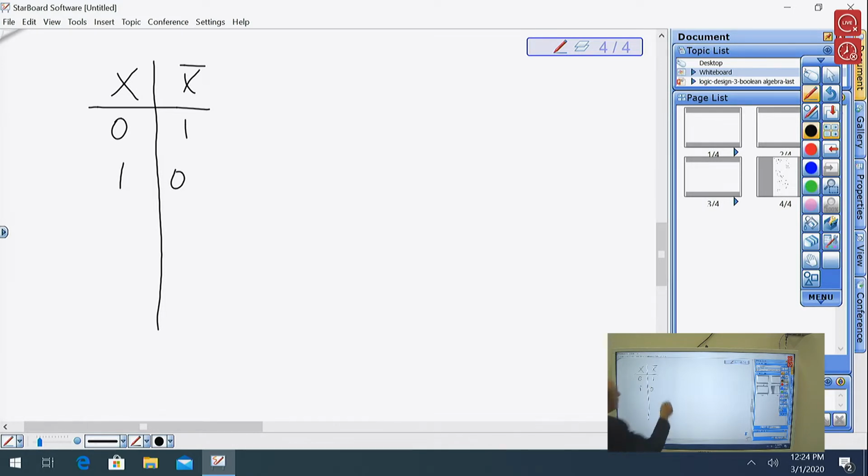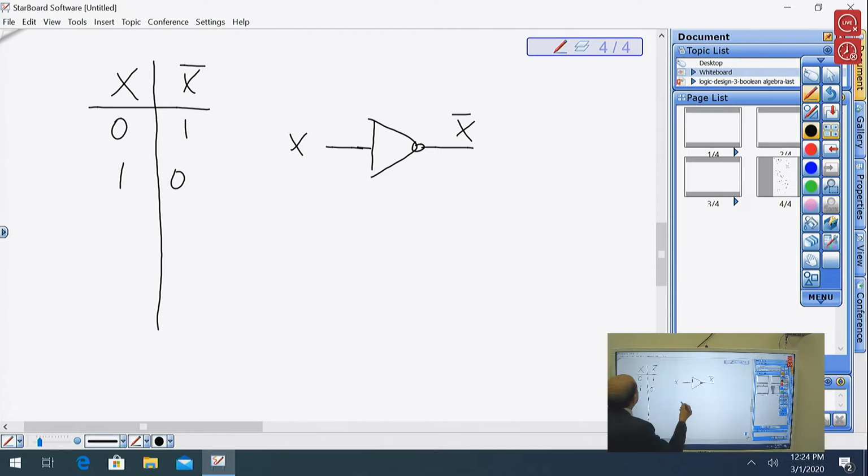And NOT is a unary operation, while AND and OR are at least 2-operand operations. And the graphic symbol for the NOT gate, here X, not X. So it just complements the input. If the input is 0, then the output is 1, and if the input is 1, the output is 0.